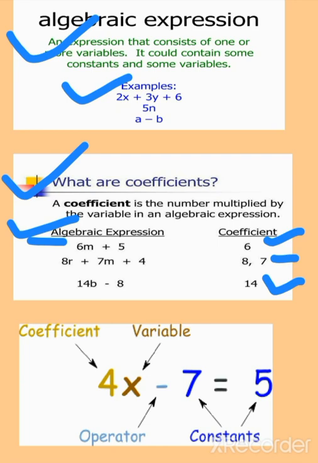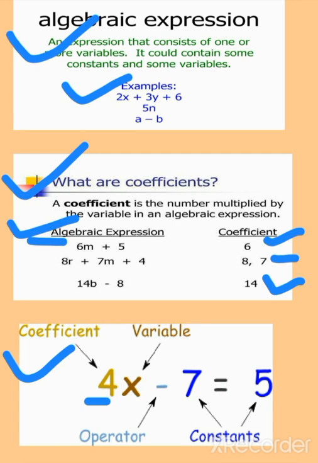Here is one more example in which all these factors that we have just discussed are represented. 4x minus 7 is equal to 5. This is our algebraic expression and here 4 is the coefficient because 4 is multiplied by variable x.